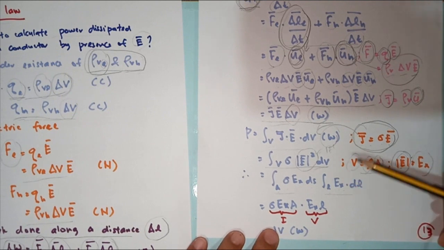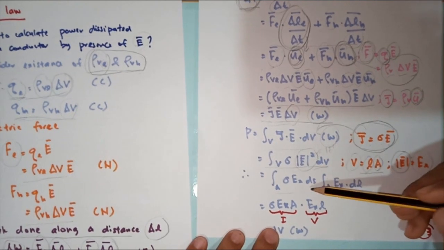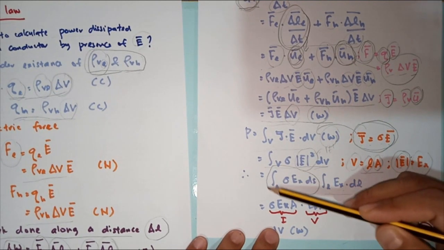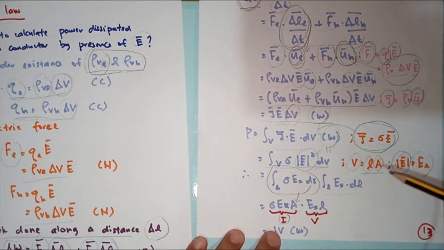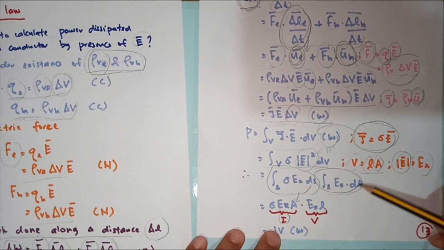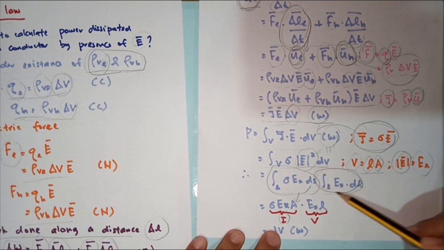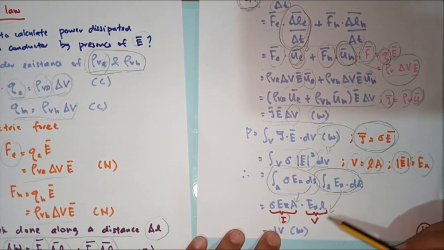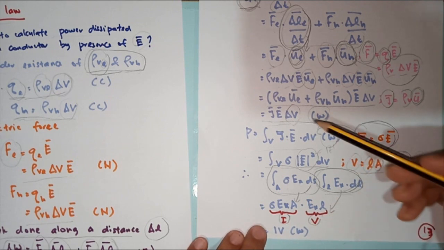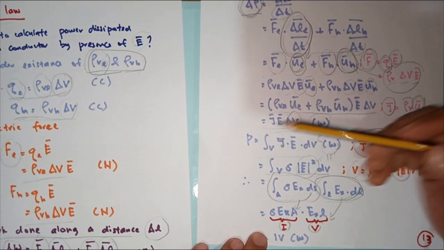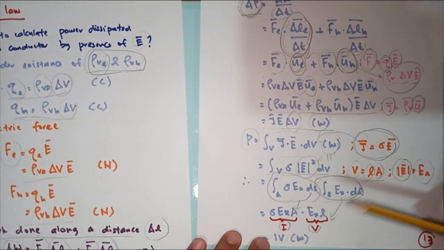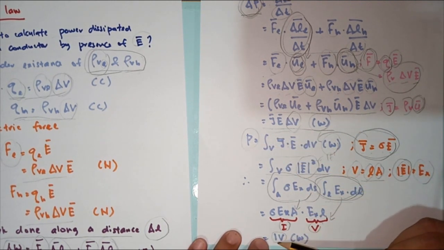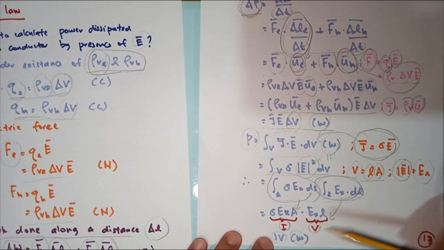As we looked at just now, the first expression represents the value for the current, and the solution for the second expression represents the value for the voltage. So in the end, we will have our general expression for power equal to IV, and the unit for this equation is watt.